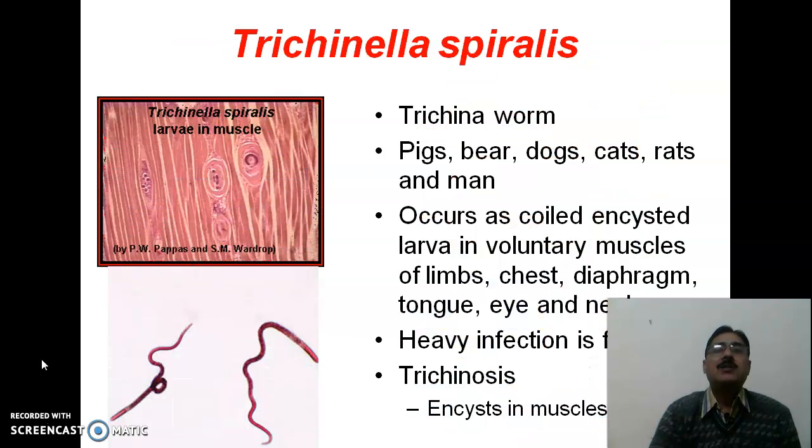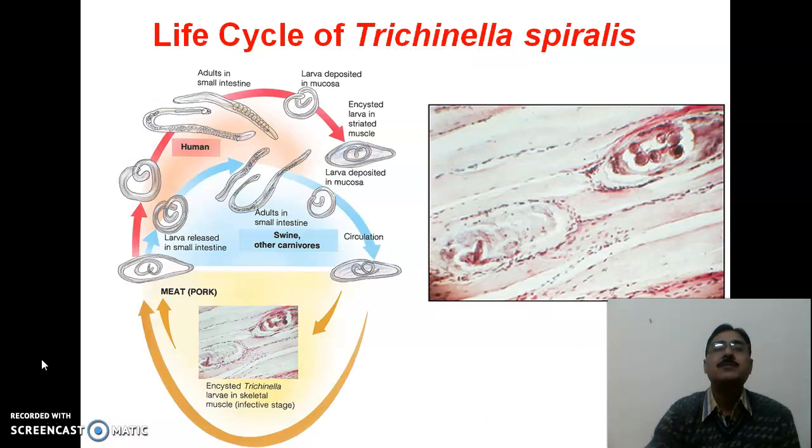The next is Trichinella spiralis, the trichina worm, which is generally present in pigs, bear, dogs, cats, rats, and even in human beings. It occurs as coiled encysted larvae in the voluntary muscles of limbs, chest, diaphragm, tongue, eye, and neck. The heavy infection is fatal and the disease caused is known as trichinosis, which is the encysts present in the muscles.